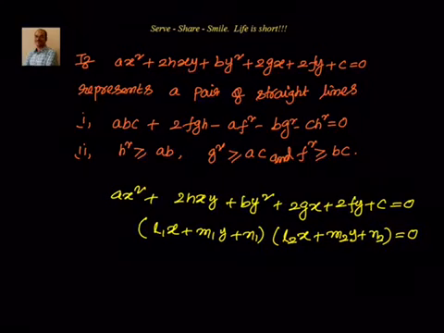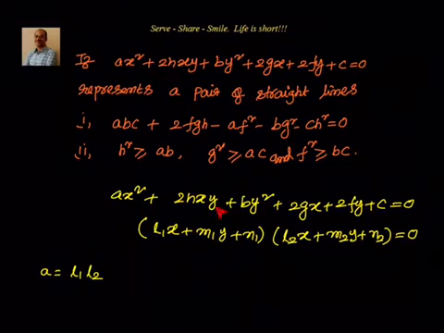Now let's compare the coefficients of these two equations because they both represent the same thing. What I get is a = L1 L2, because for ax², if I multiply this, I have L1x into L2x, L1 L2 x².